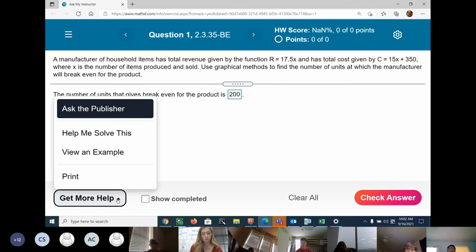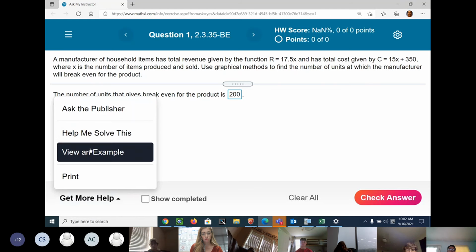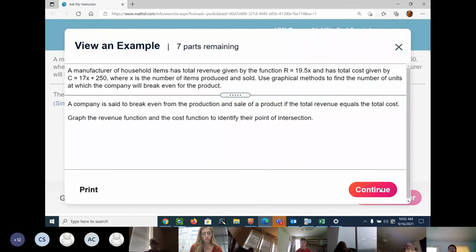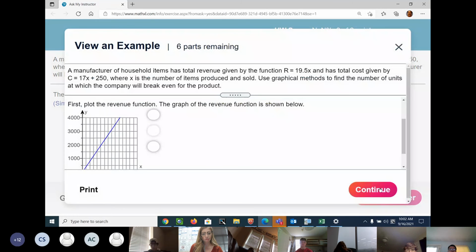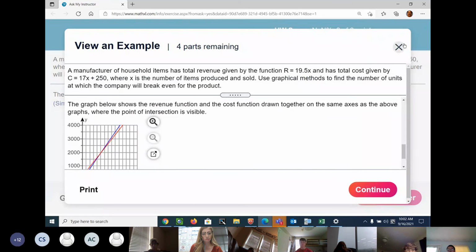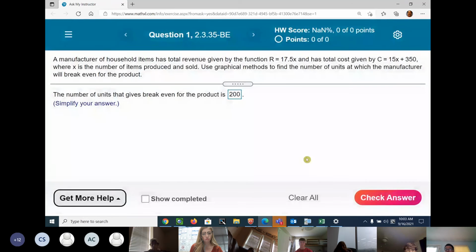I'm just doing this because I want to see if they're going to graph it versus elimination or substitution. They may use substitution. Okay, yeah, they're going to use graphing. Yeah, I thought they were. So I would probably use the graphing calculator on this one.